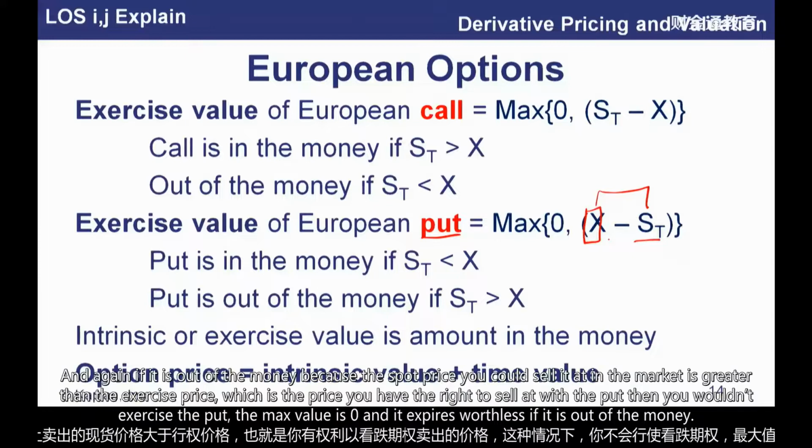And again, if it's out of the money, because the spot price you could sell it at in the market is greater than the exercise price, which is the price you have the right to sell it at with the put, then you wouldn't exercise the put. The max value is 0, and it expires worthless if it's out of the money.